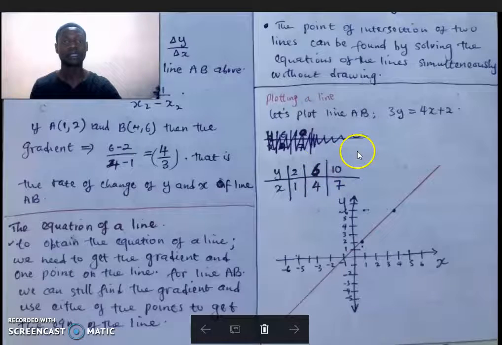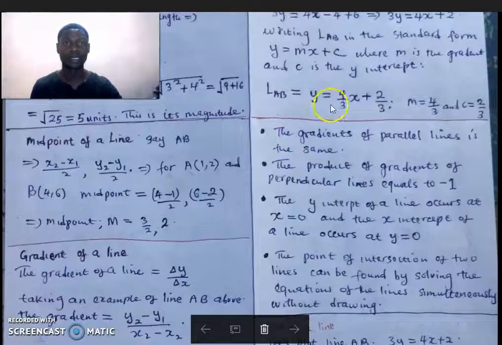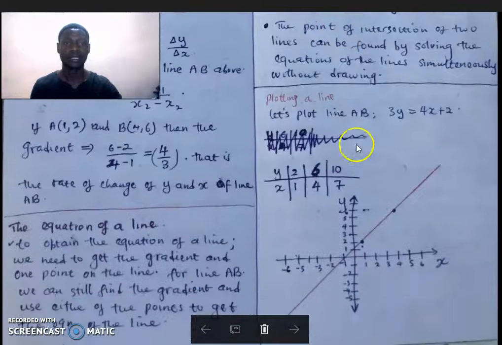And if we use the same equation, the equation of a straight line AB, then we will find other points on that straight line. So plotting the straight line on a Cartesian plane, we have to find when y is at 2, then x is at 1.